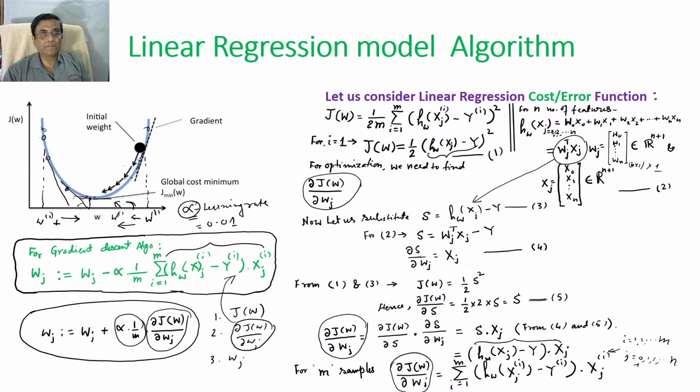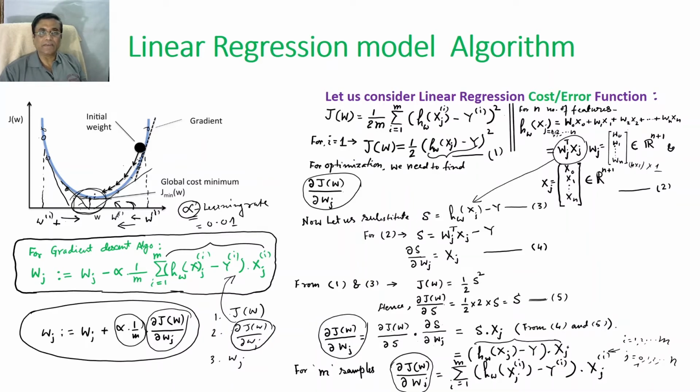So the gradient will be negative, and all of a sudden it becomes zero, and then it becomes positive. So it changes its sign. Change of sign means you have reached your destination.